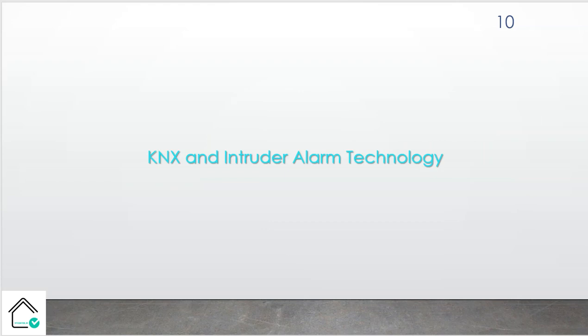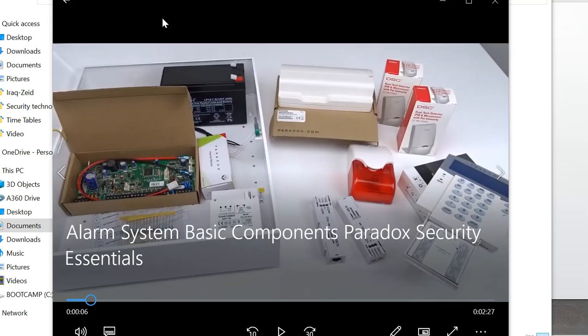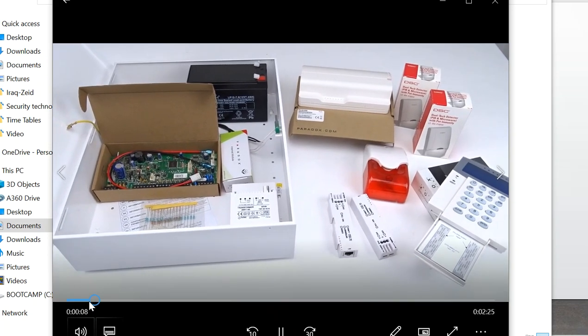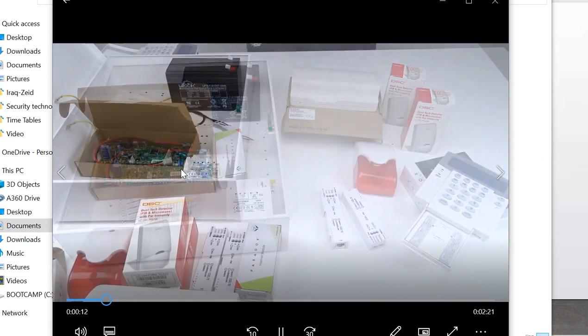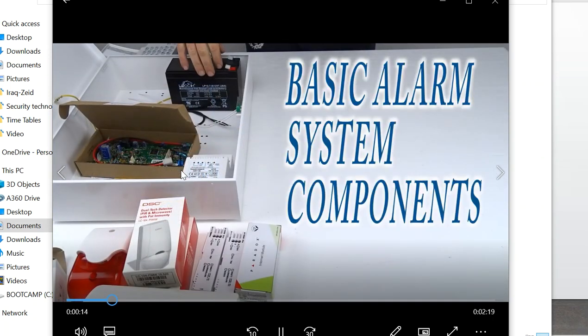Okay, these are two concepts you should consider. Now we are going to discuss KNX and intruder alarm technology. Before we continue, I would like you to see the components of regular alarm systems. You can see we have the control center of the alarm system.